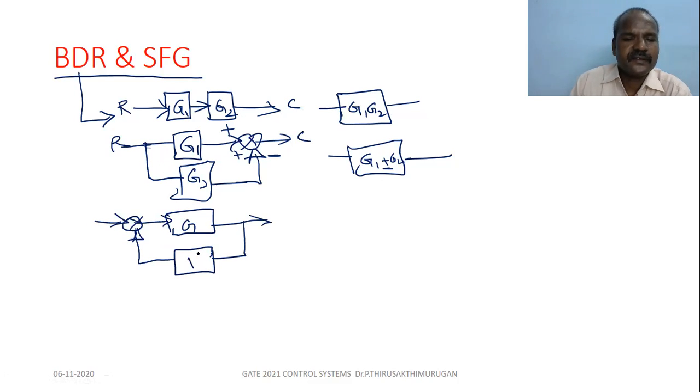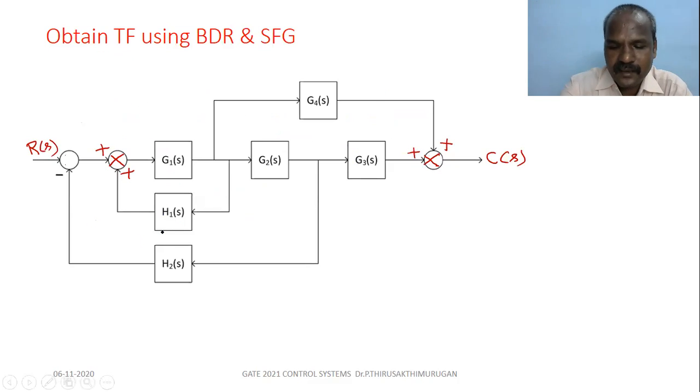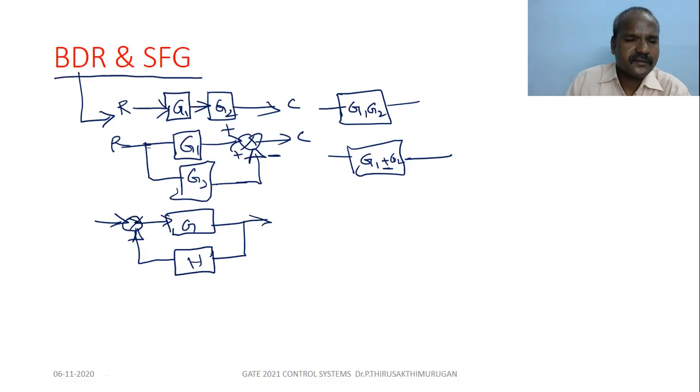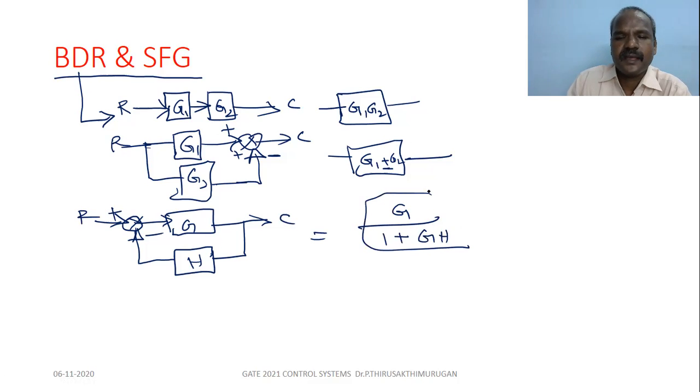So everything we discussed in the last class. The point is plus, minus, and C over R is the forward path divided by 1 plus the feedback path. This is the resultant equation.